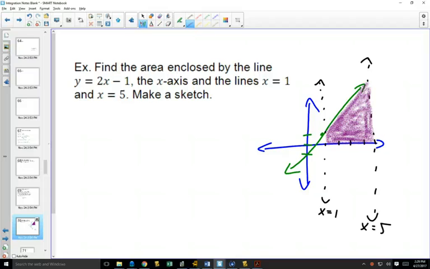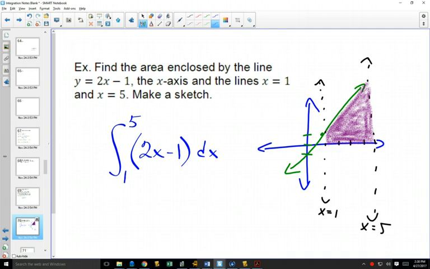We don't have to worry about some of it being below the x-axis. So now to calculate that area, all we have to do is find the definite integral from 1 to 5 of 2x minus 1 dx.